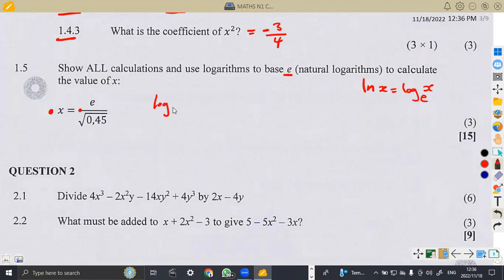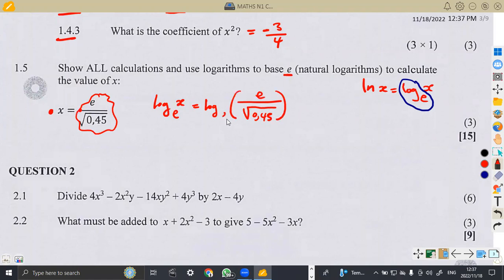So you're going to have the logarithm of x in base e, which is ln, equal to the logarithm of e over the square root of 0.45, but everything like this is in base e.